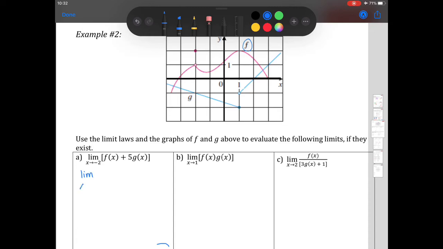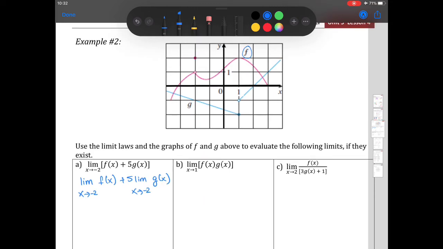Limit as x approaches negative 2 of f of x plus 5 limit as x approaches negative 2 of g of x. Right? So first we have to find that. So let's trace it. When my f function is approaching negative 2, it's continuous.